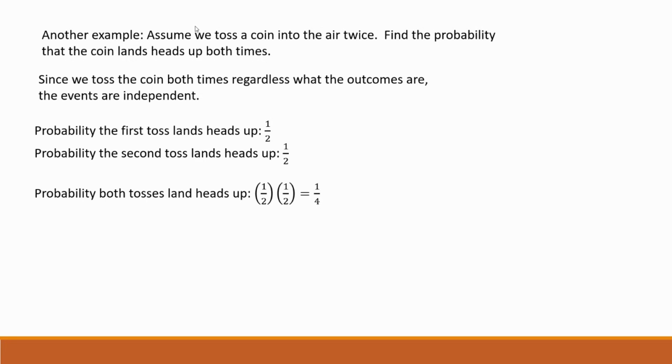Well, keep in mind that these events are independent. When we toss the coin, no matter if it lands heads up or tails up, we're going to toss the same coin again. So whether or not the coin lands heads up or tails up first, that's not going to make a difference with whether it lands heads up or tails up the second time.